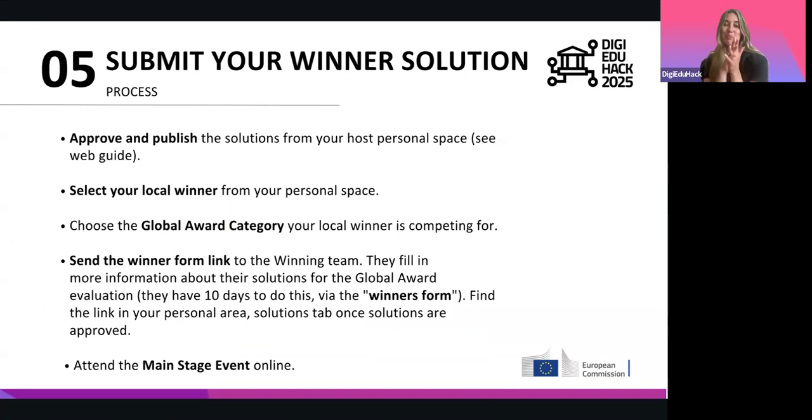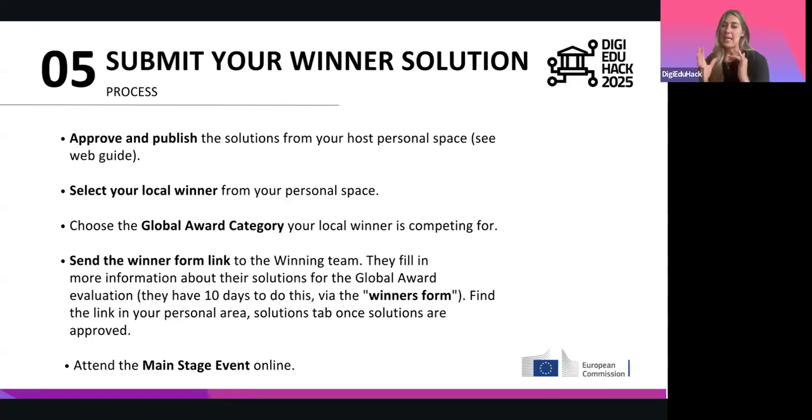Finally, the process of submitting the winner solution. You first have to approve and publish the solution from your host personal space, like we covered already. And then in that same row where you click go live the first time, you can select that one of the teams has been identified as the winner. So is global winner, check. After this, you choose the global award category for the local winner and send the winner a link as well.